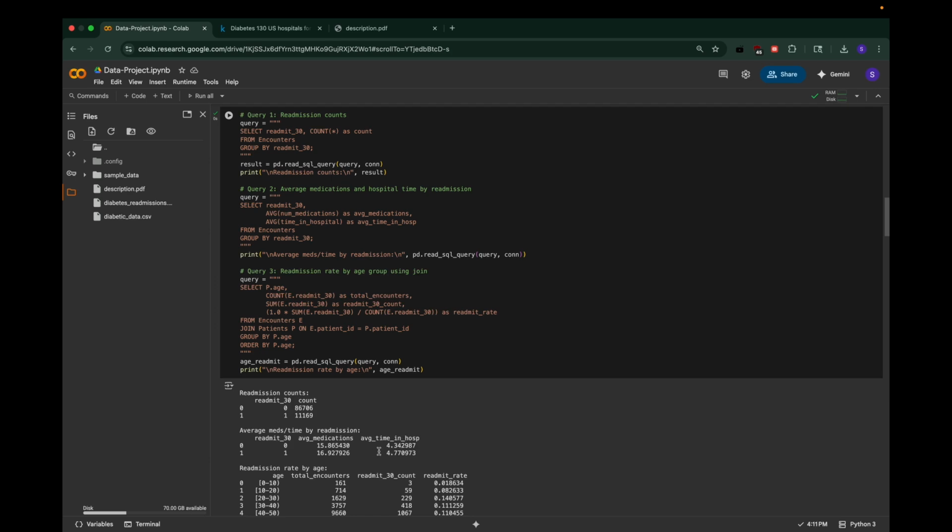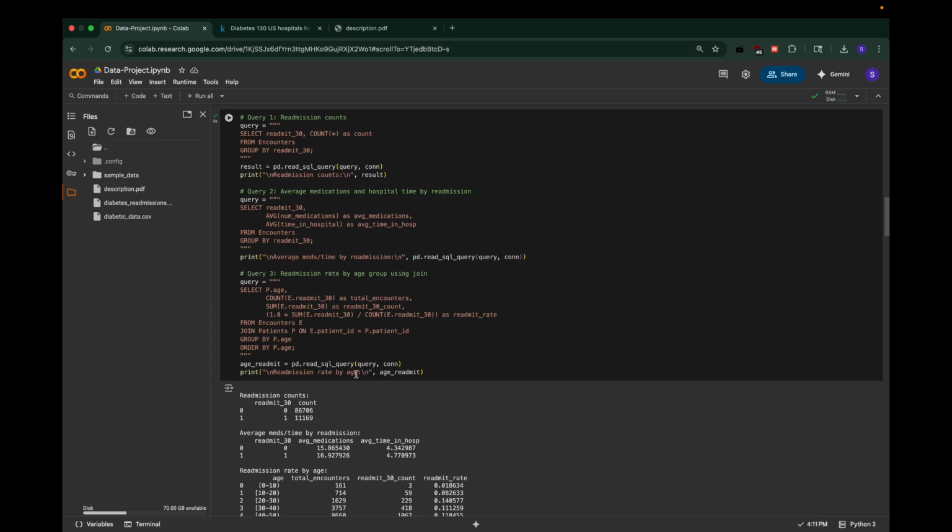This can indicate higher treatment complexity and longer hospitalization, which might correlate with greater risk of early readmission.